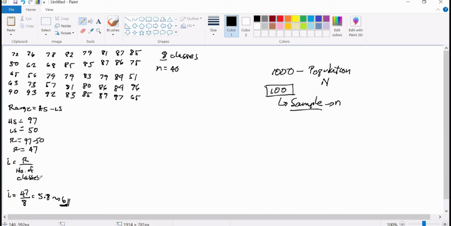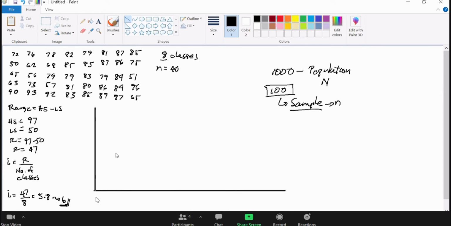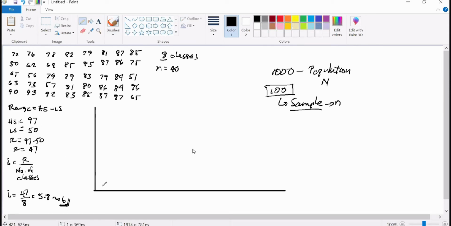So what's the next step? Where do we start in making the table? This is a recall lesson, so you should at least remember something. We start from the lowest score. Lowest score is 50. So 50, and then as we go up, we add the interval, plus 6.